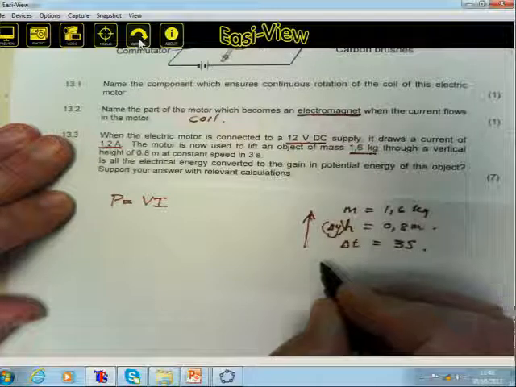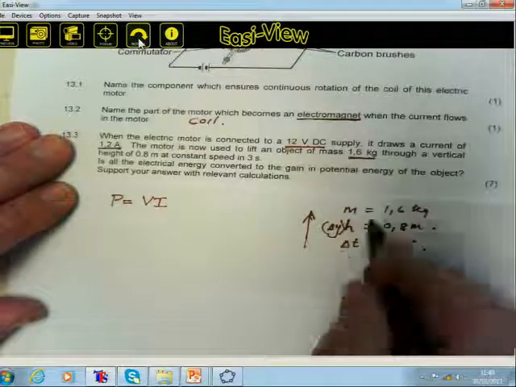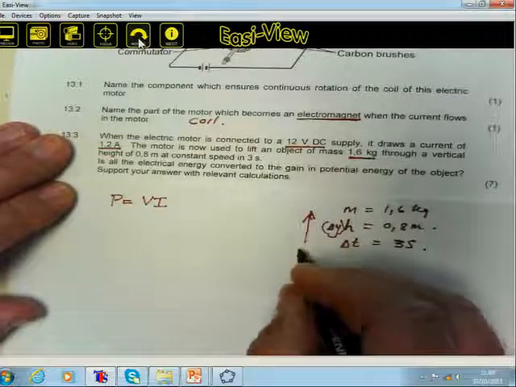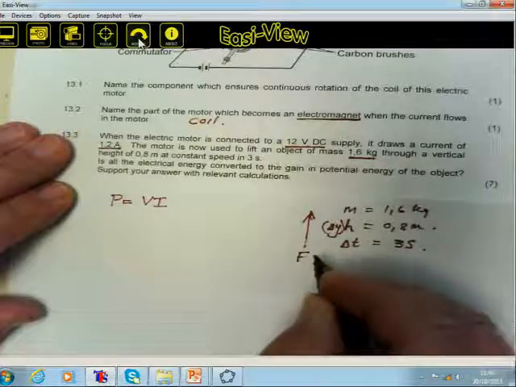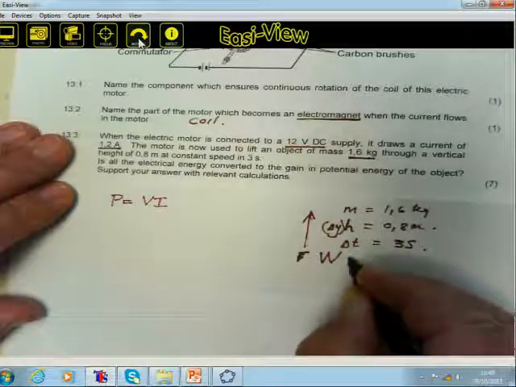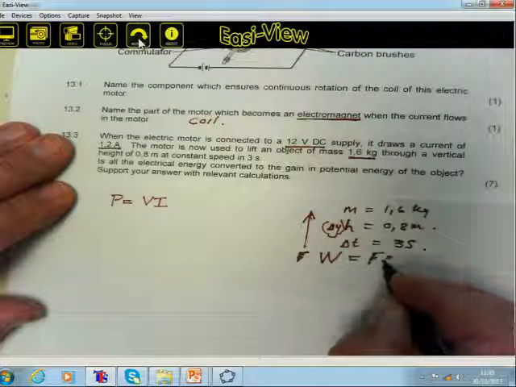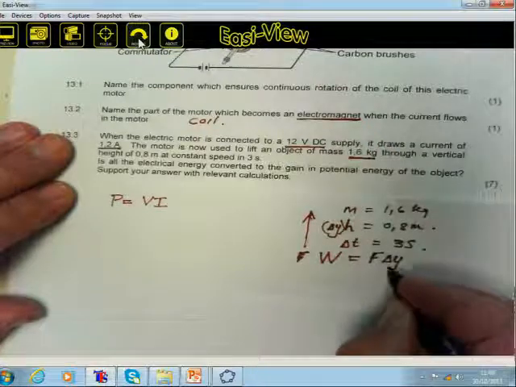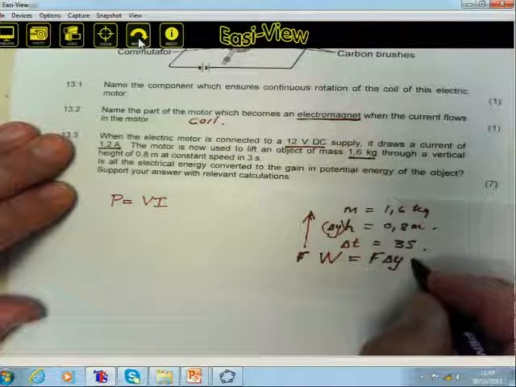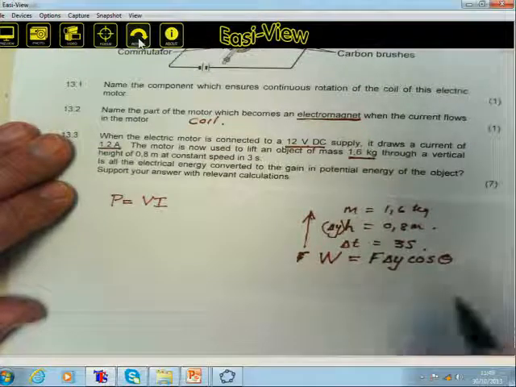So what is the work done by the motor on this object? The formula for work done is the force times the displacement or the distance moved times cos theta.